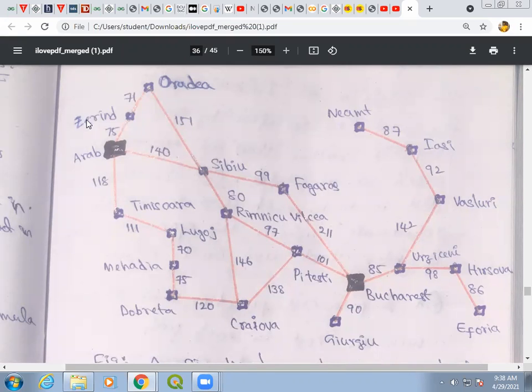To reach Zerind, the path cost is 75. To reach Timisoara, the path cost is 118. Like this, what does this represent? This represents the path cost. In this particular case, the path cost is in kilometers. So this gives you how much distance Sibiu is from Arad. Similarly, Zerind is from Arad.